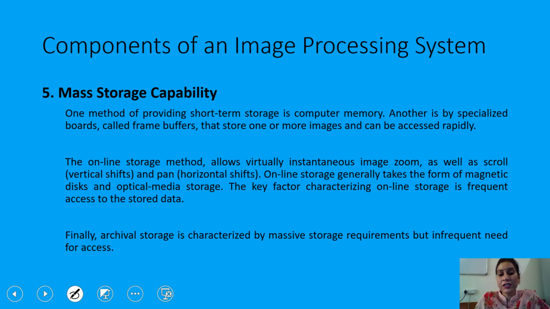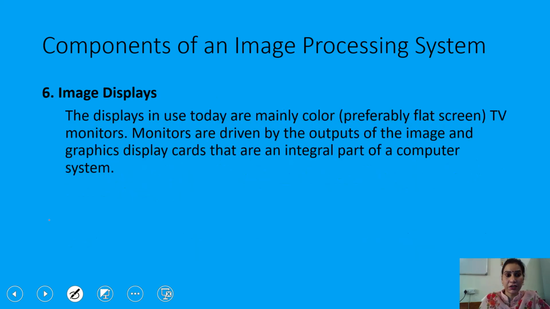Online storage generally takes the form of magnetic disk and optical media storage. The key factor characterizing online storage is frequent access to the stored data. Finally, archival storage is characterized by massive storage requirements but infrequent need for access. So this explains when we are using which type of storage capability.